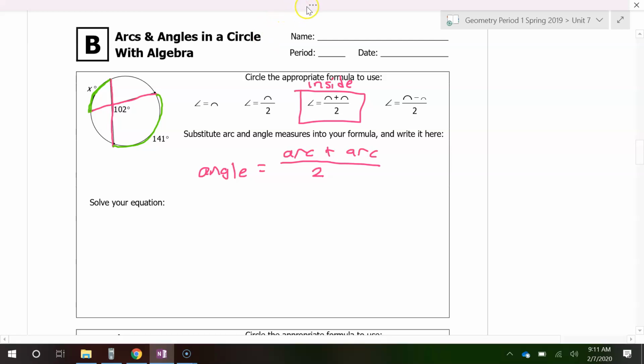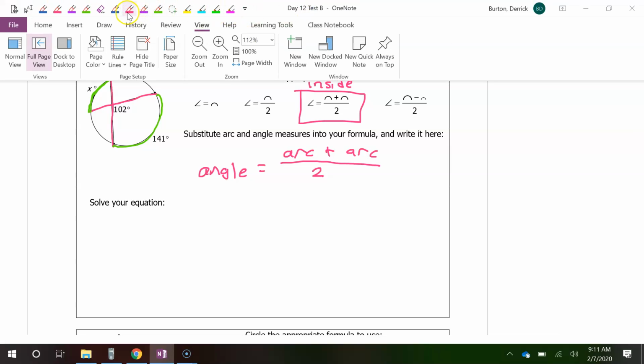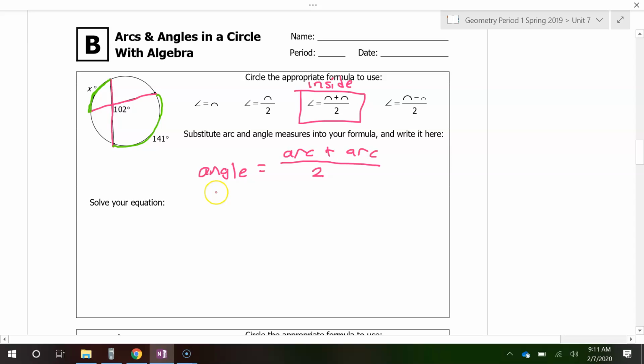So I'm just going to fill that into the formula. So what's the angle? X is one of the arcs. See how the X is green? The angle is 102 degrees. So that's why 102 goes here in the front.